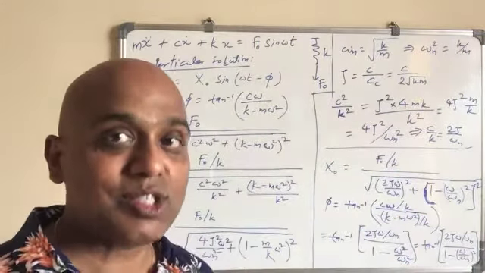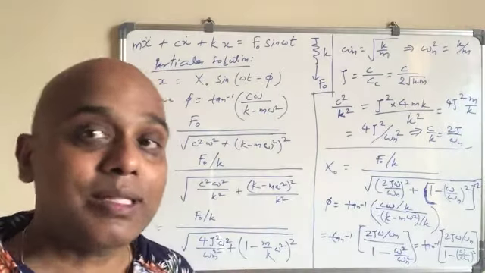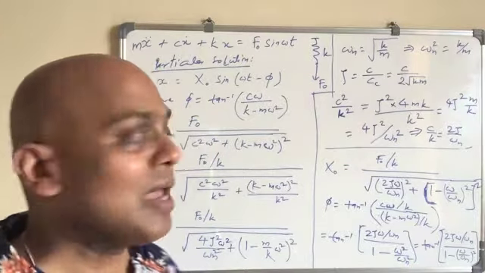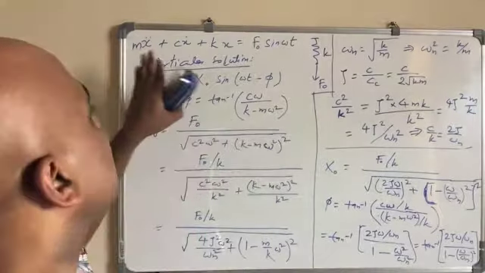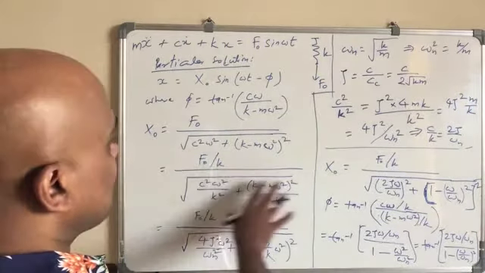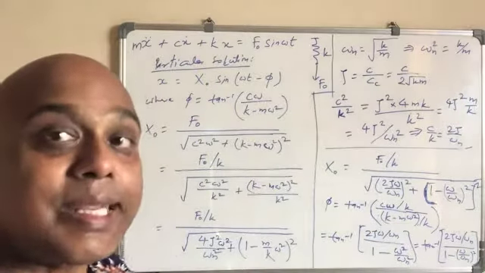Very important: you have to combine them together to get the complete solution. This solution is not complete by itself; it is just the particular solution. What you see in this case, however, is that there is no decrement.